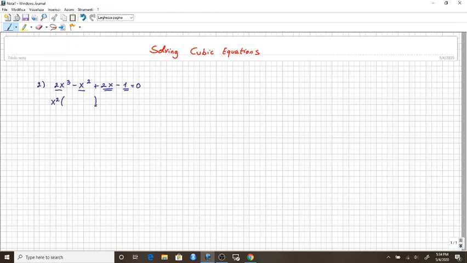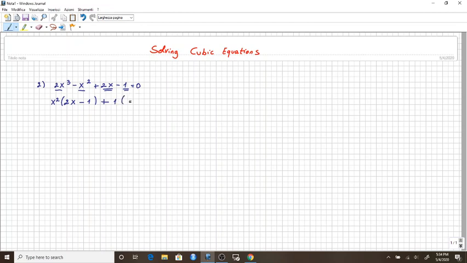Then we open parentheses. x squared times what gives me 2x cubed? That will be 2x. And x squared times what gives me -x squared? That will be -1. And then if you look at the last 2 terms, the greatest common factor is just 1, right?